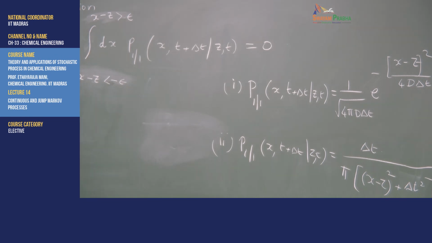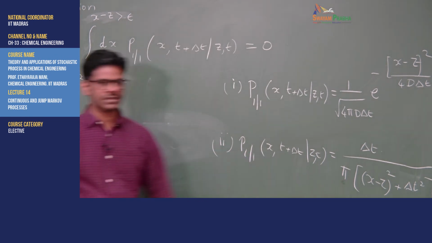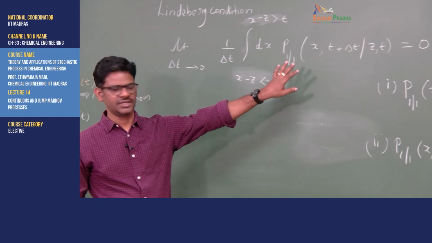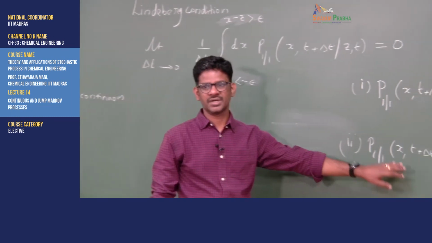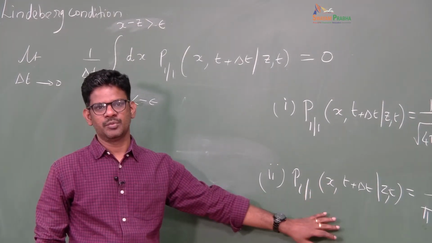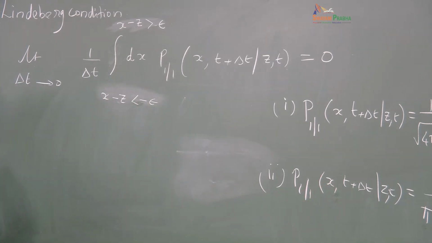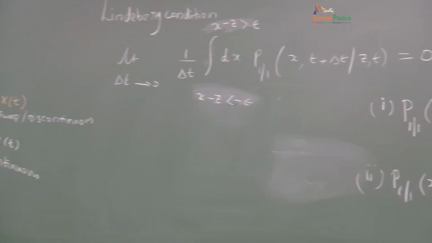So this is a Cauchy distribution, and if I use this transition probability in this condition, you will see that this is violated. So that means this process cannot describe a continuous Markov process. It models a discontinuous Markov process. In fact, this trajectory I have shown here is actually a Cauchy process.